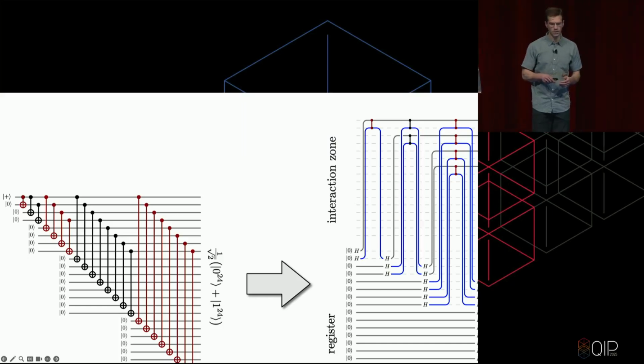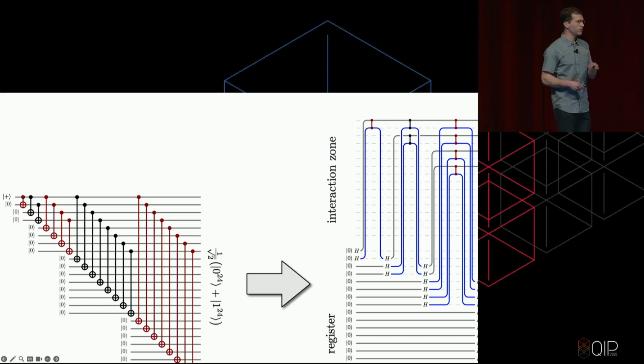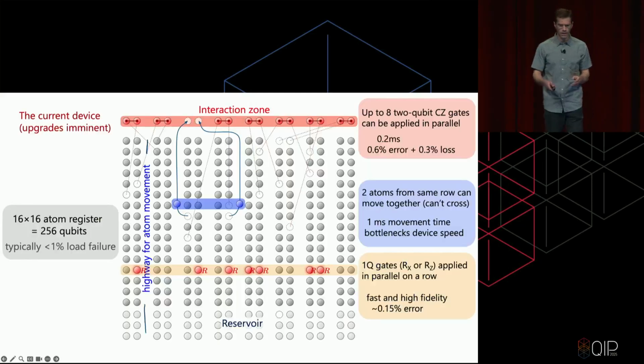And another thing to notice here is that the 1-qubit gates can only be applied down on the register. The 1-qubit gates are not being applied in the interaction zone. So you have to move that second qubit back down into the register to apply that second Hadamard gate. Actually, I guess I should have said this before, every qubit has a home location.